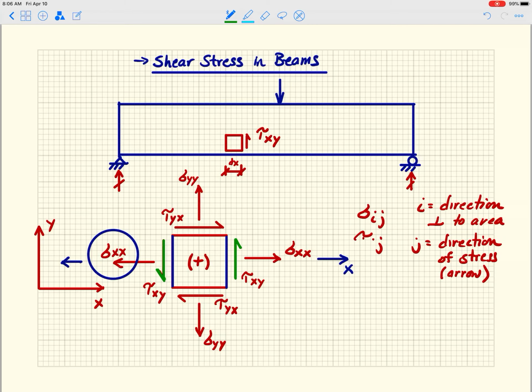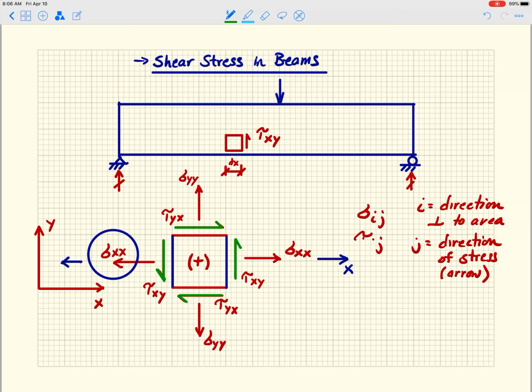Okay? And similarly, tau yx, that's on the top one here, is on the positive Y face moving in the positive X direction. And this is on a negative Y face moving in the negative X direction. So that's why it's a mixed xy or yx as opposed to xx and yy.